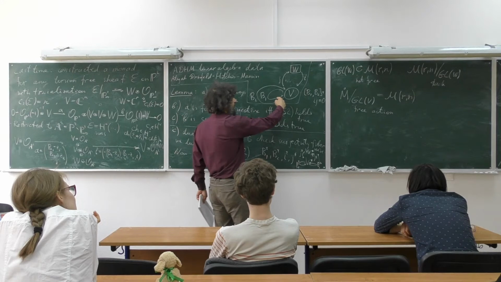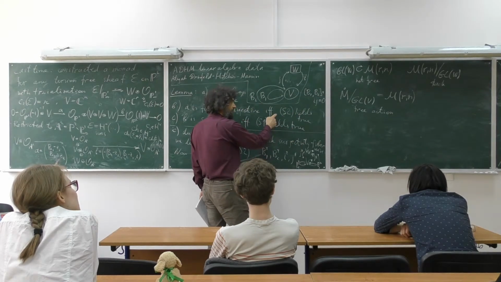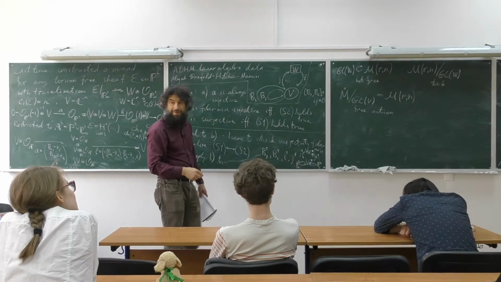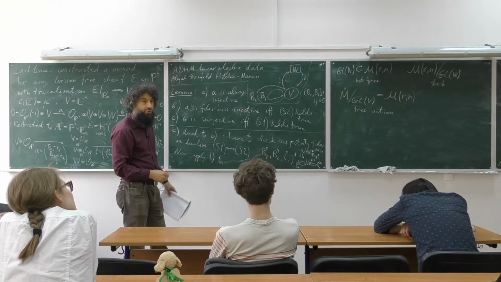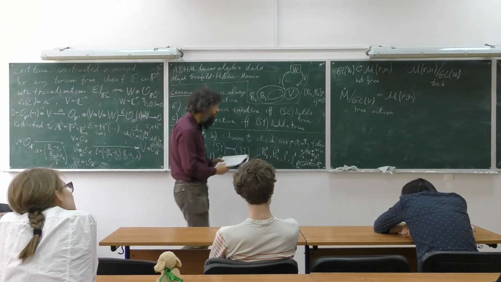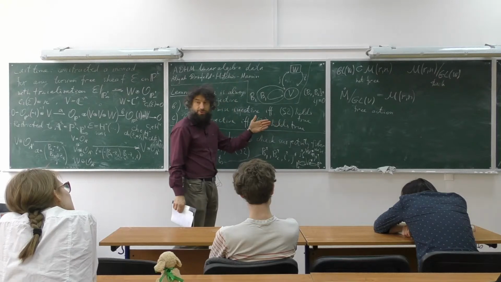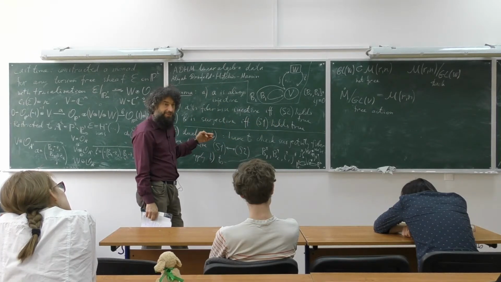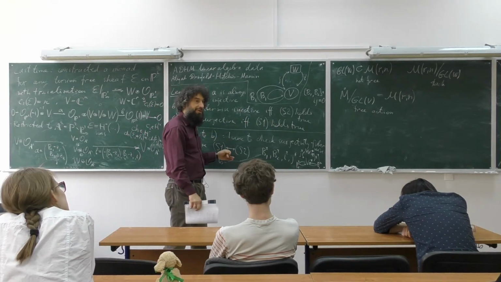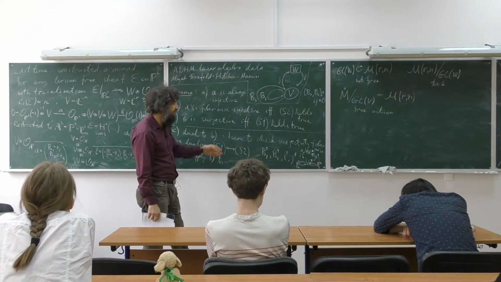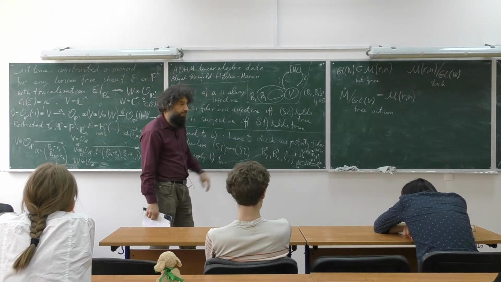So we have this data. We have the condition S1. S2 is optional. If we impose S2 condition, then we obtain vector bundles, as opposed to torsion-free sheaves. But S1 always must hold true.